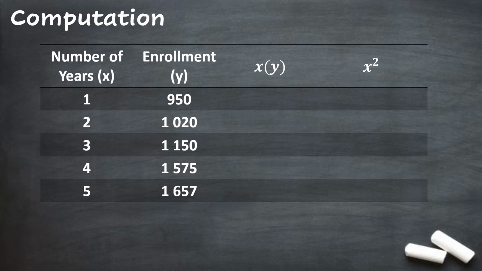Just like what we did in the previous lesson, for the summation of xy, all you have to do is multiply the values for the x and y.